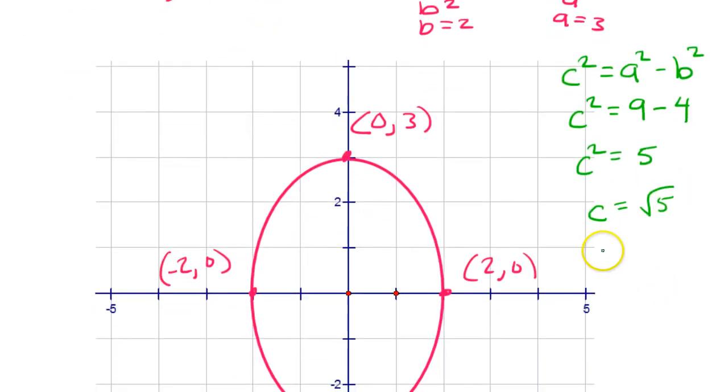All right, later it will be helpful to know the decimal approximation for this. So I'm just grabbing a calculator real quick. The square root of 5 is approximately 2.2. So keep that in mind.